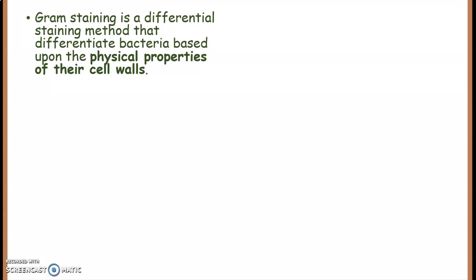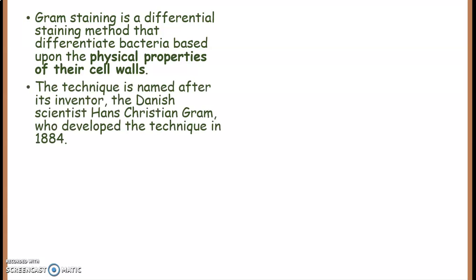The Gram staining is a differential staining method that differentiates bacteria based upon the physical properties of their cell walls. The technique is named after its inventor, the Danish scientist Hans Christian Gram, who developed this technique in 1884.